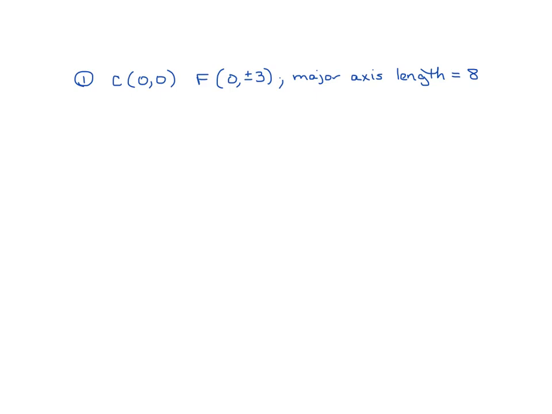So again, just like we did with the parabolas, we should be drawing and giving ourselves a visual. So I'm going to go ahead and graph what they've given me. Notice this center point is at 0, 0. So I'm going to graph the center right here.